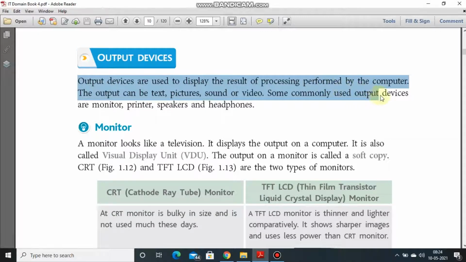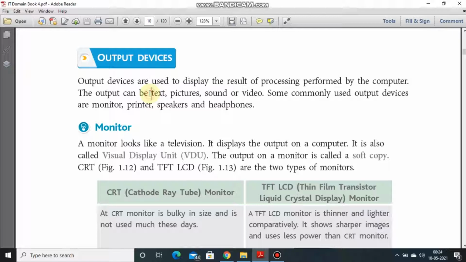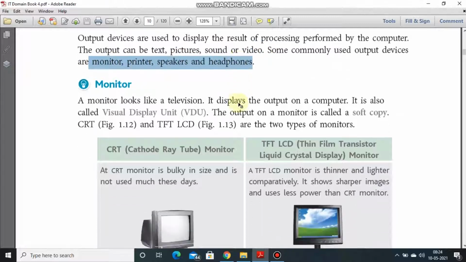Some commonly used output devices are monitor, printer, speakers, and headphones.